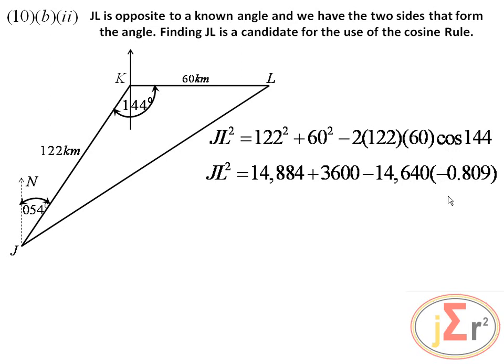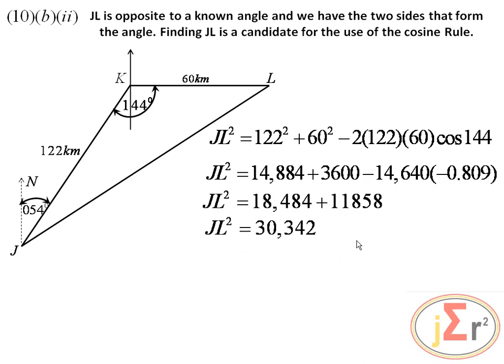The cosine of an obtuse angle is always negative. Therefore, when we are applying the cosine rule and we have an obtuse angle, we need to be mindful that the negative will multiply by the negative, resulting in a positive.